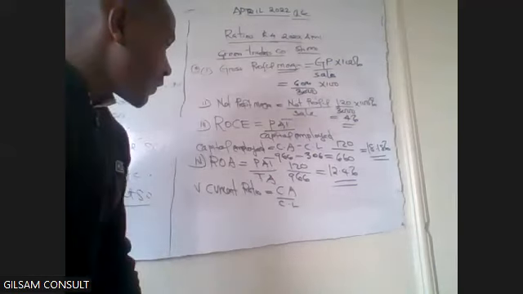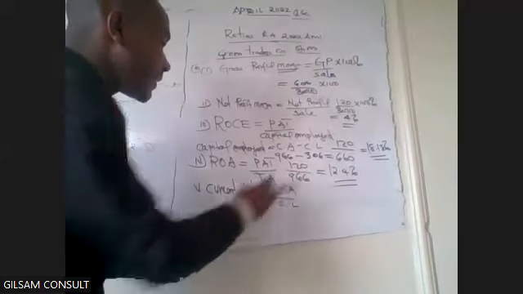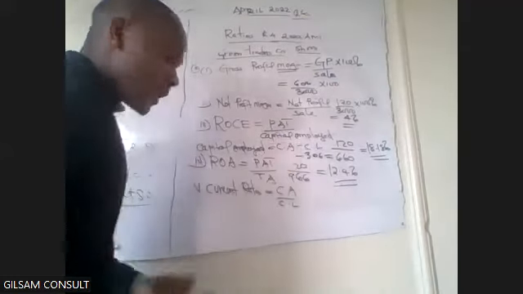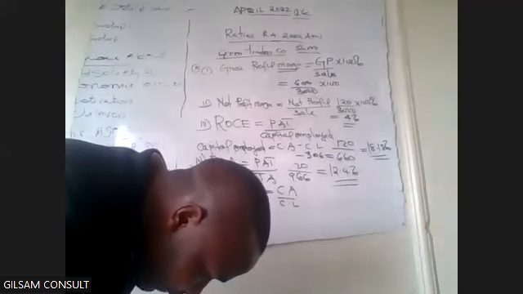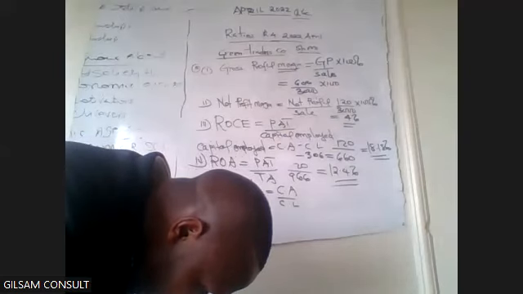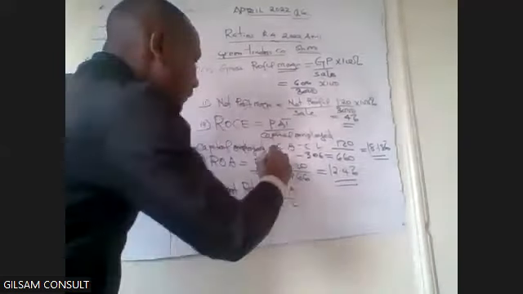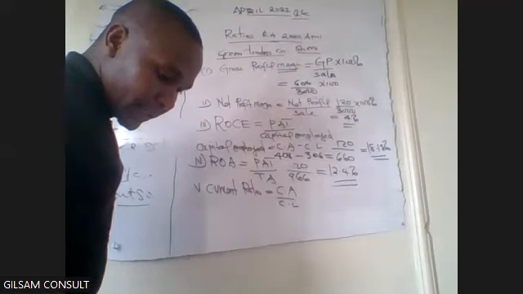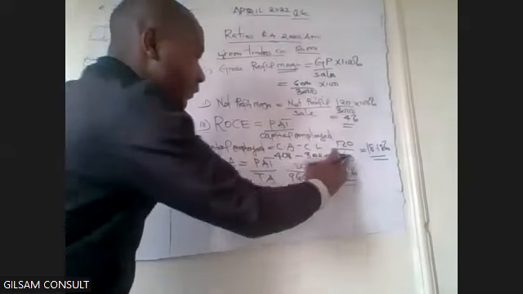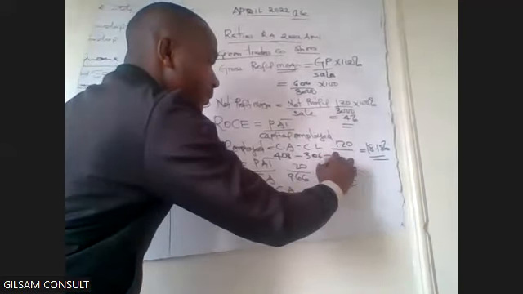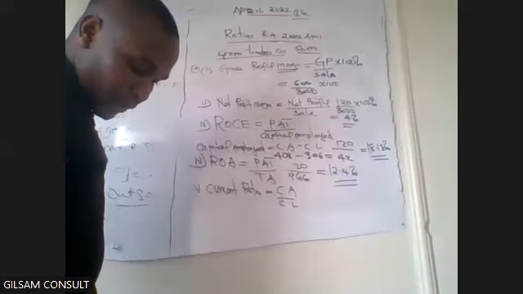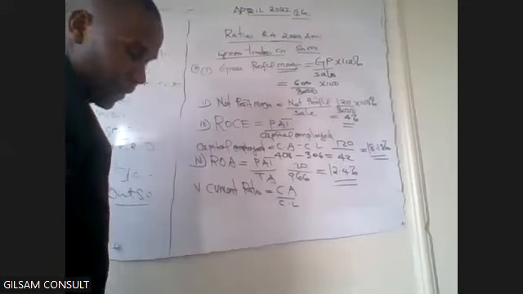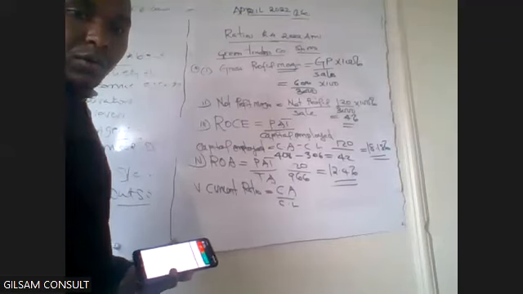Sorry, this one needs correction. The current asset there is 408. Sorry for that. 408 is the current asset. So 408 minus 366 is 42. So a minute.